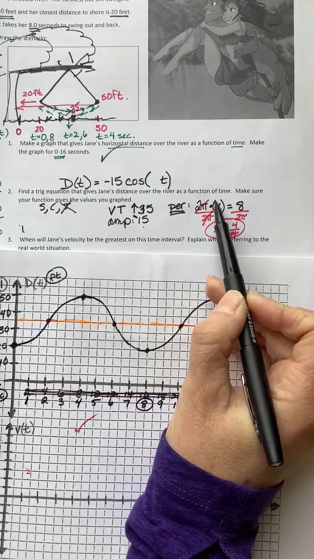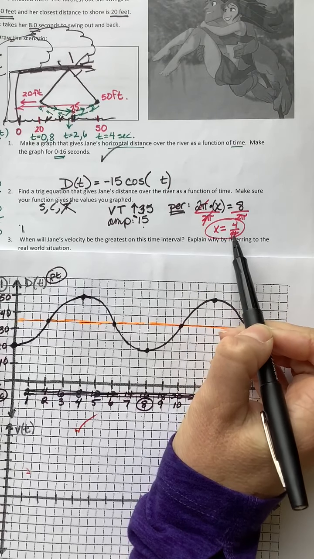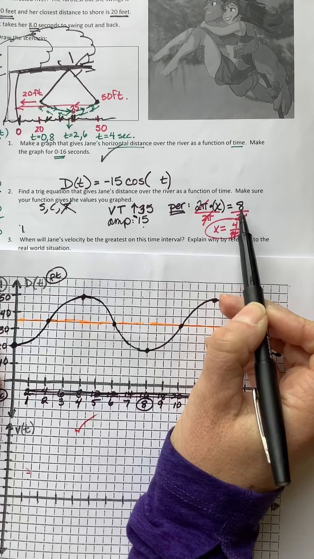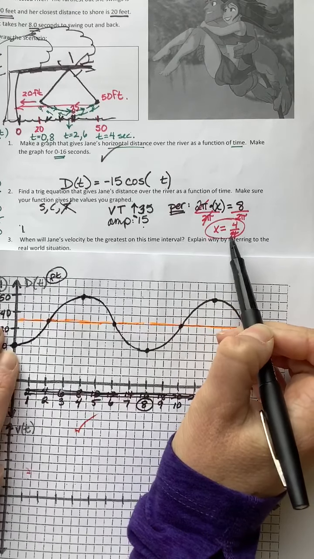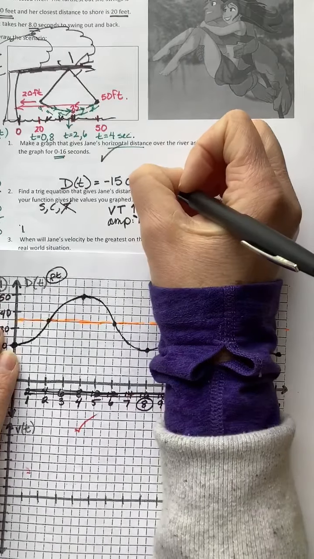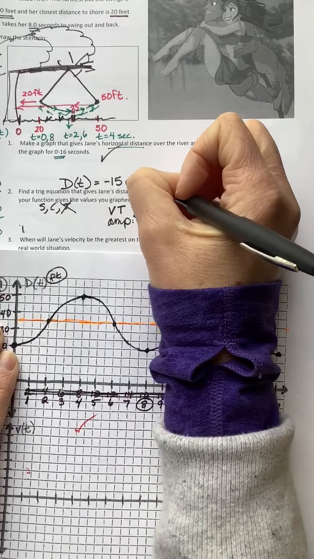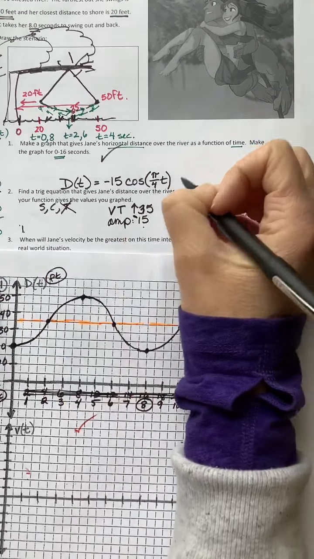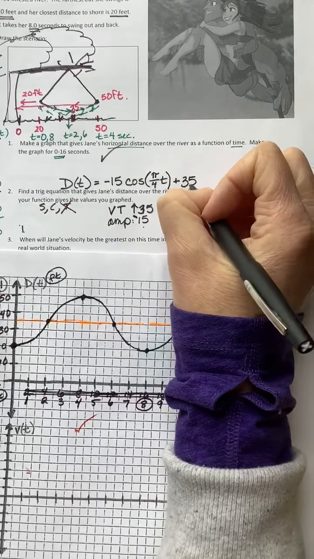So we need to multiply by 4 over pi in order to get from 2 pi to 8. But if you need to multiply by 4 over pi and you throw this transformation inside, this then needs to be pi over 4. Inside input inverse. All right, done. And now we need to move that whole function up 35. So let's throw a nice up 35 right there.